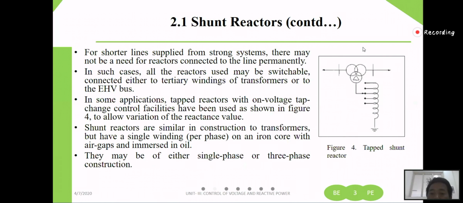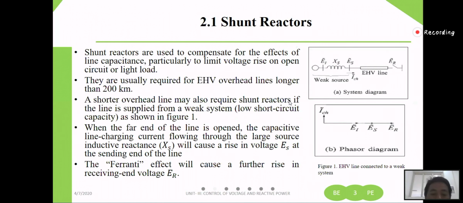Now before we go to the next topic, I will ask one question. If reactive power is zero, what will happen to the active power in the system? Can anybody answer this? One of you can answer this.